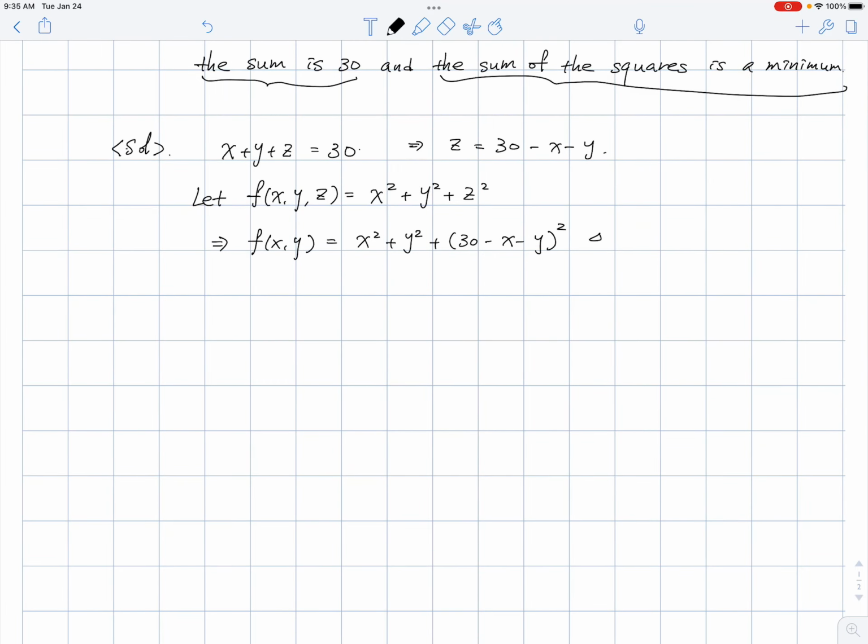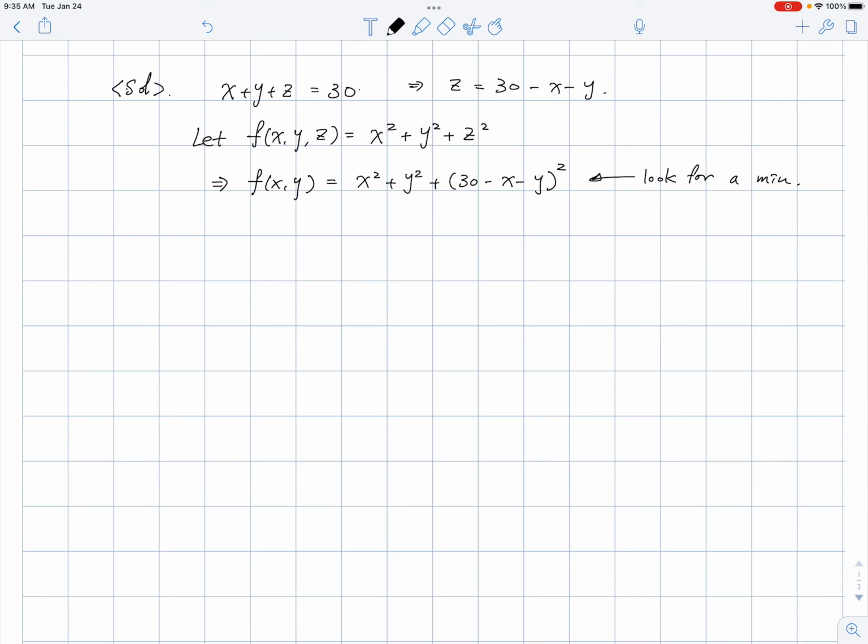Okay, so now we look for a minimum. We apply the same process: we look for critical points and we justify this does give us a minimum.